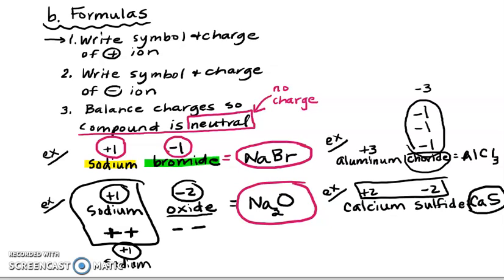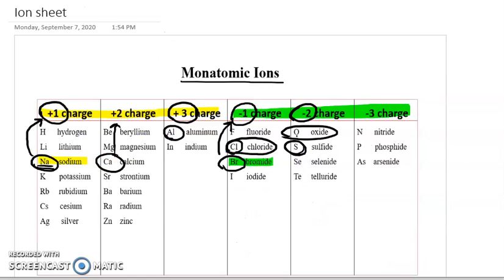My last example is my trickiest, and we can go through more of these together in class. Aluminum sulfide. So we look up symbols and charges. Aluminum, we've already looked up, is Al plus 3.